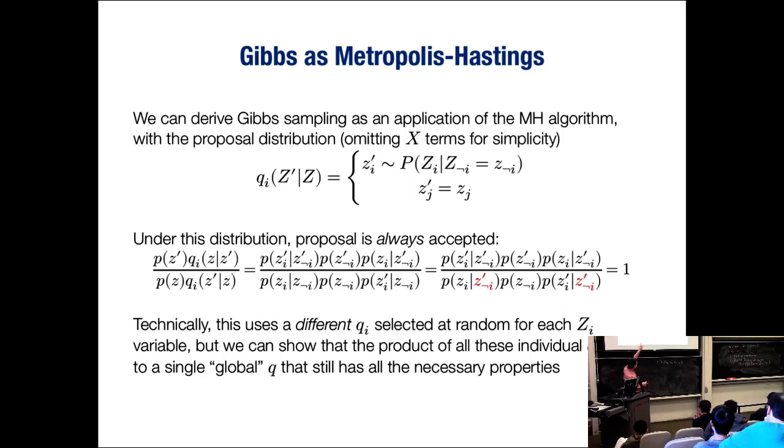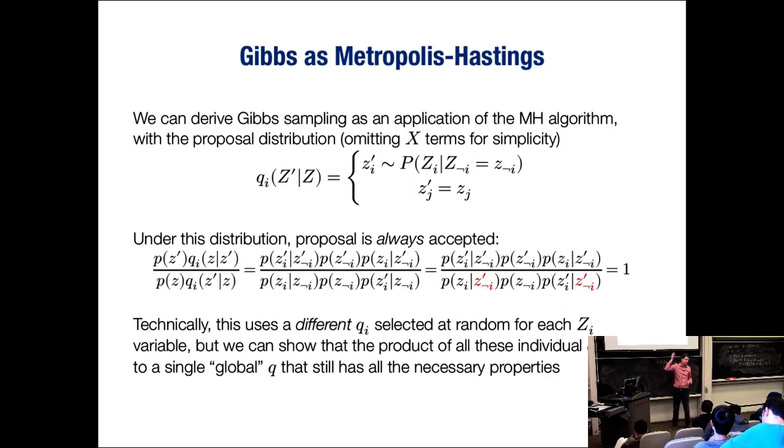What simplifies here is the fact that you don't update any variable other than the i variable, which means you can replace some of these terms with other terms, and then everything cancels, and you just get a 1 for that whole thing. So this is the formula for the accept probability in the Metropolis Hastings algorithm.